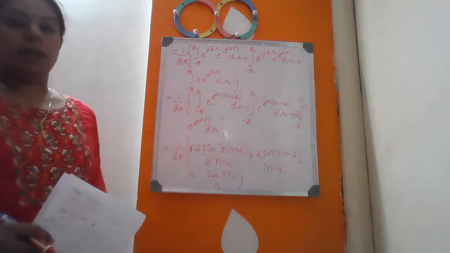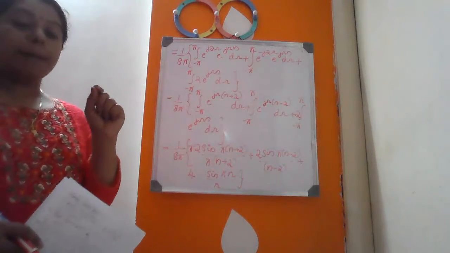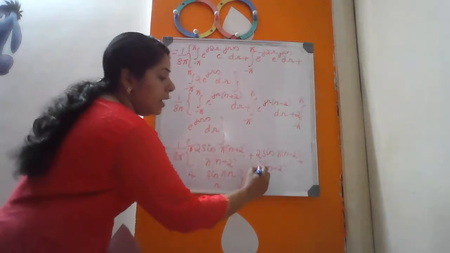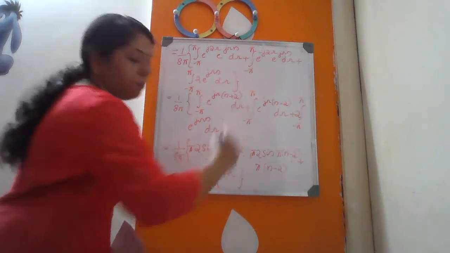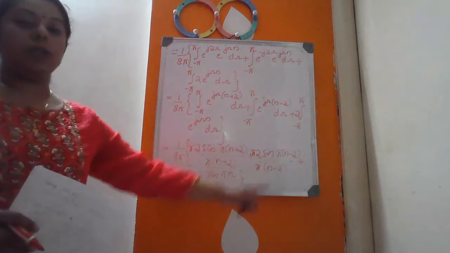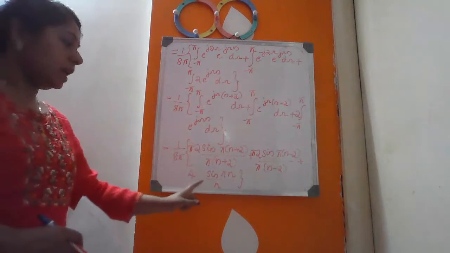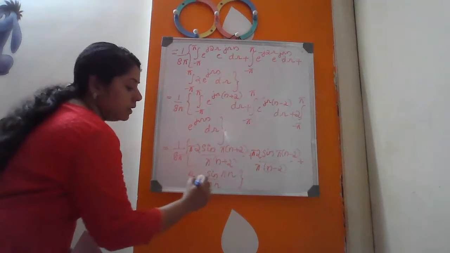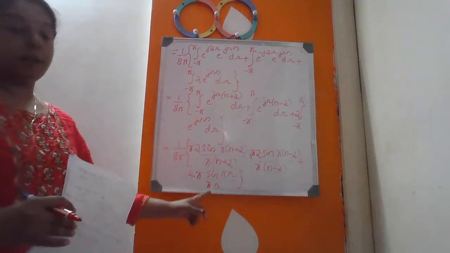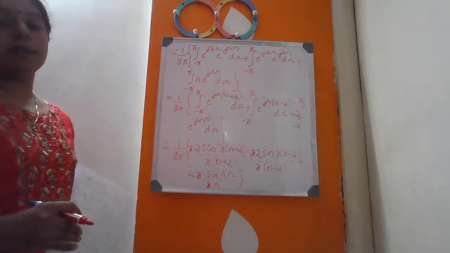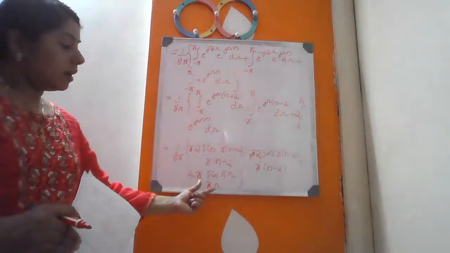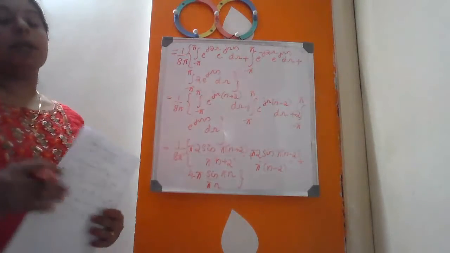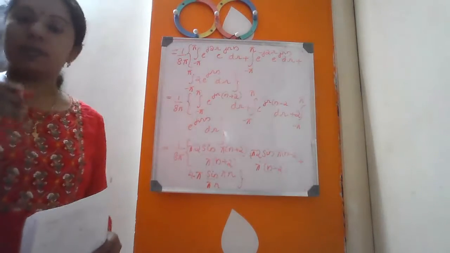Similarly, in the second term, theta is pi n minus 2, but the denominator has only n minus 2, so add one pi and cancel one pi. The second term is now in terms of sine theta by theta. In the third term, theta is pi n, so I write one pi in the denominator and one in the numerator, just cancelling. Sine theta by theta is the sinc function.